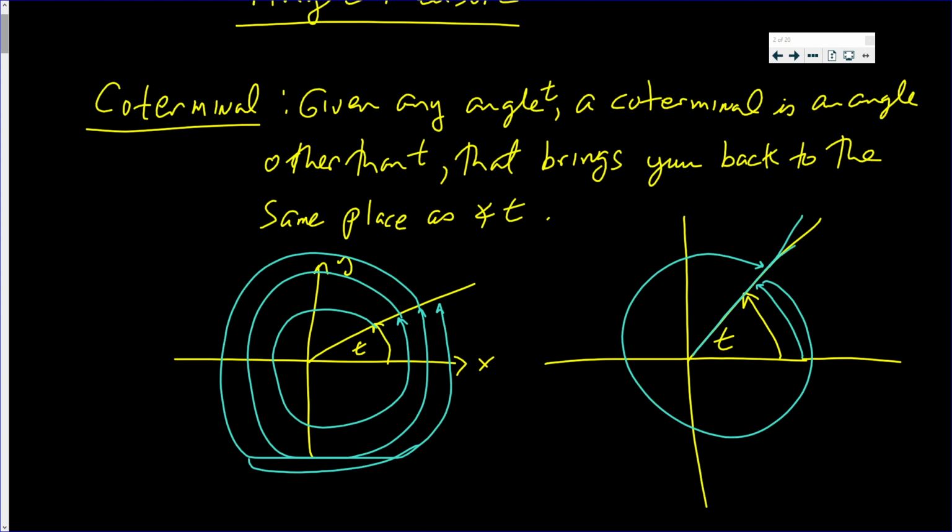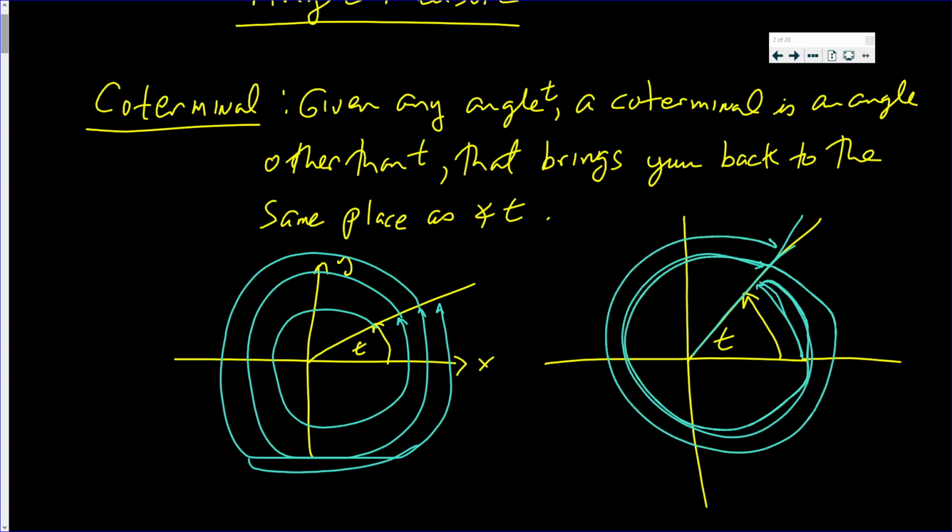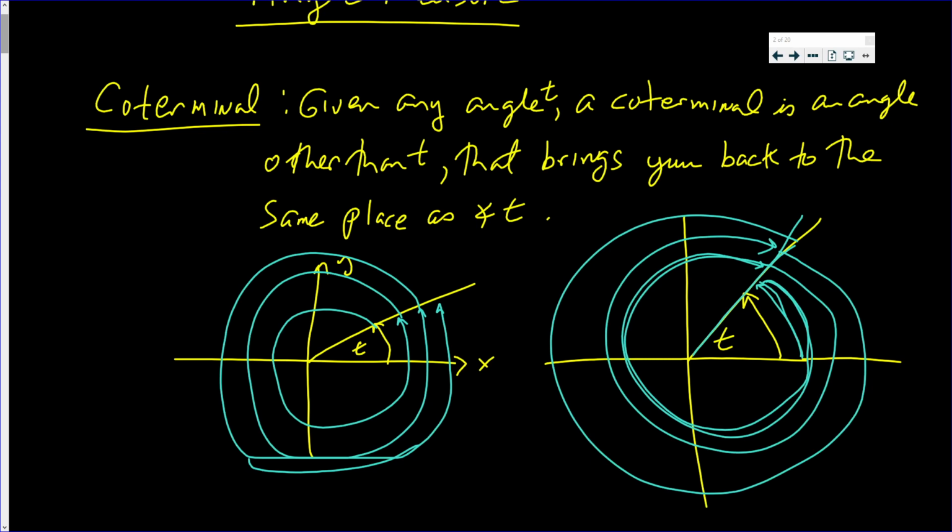Or you can go back 360 and another 360, and another, and that's going to bring you back to t. Going positive 360 or negative 360 is going to bring you back to the same place.